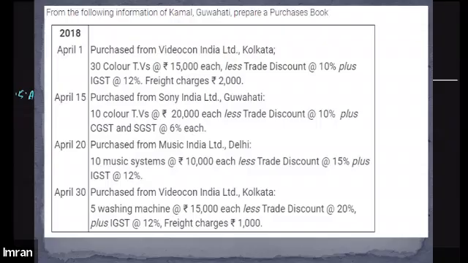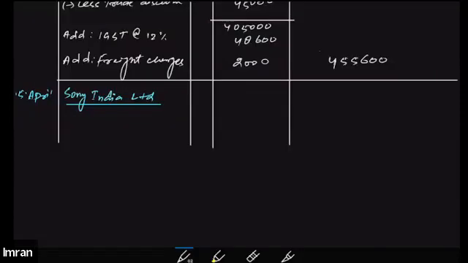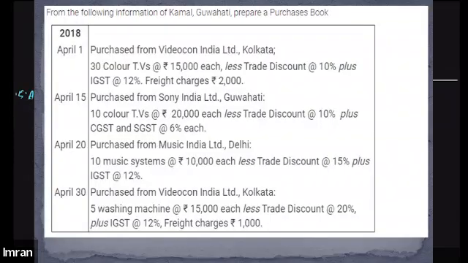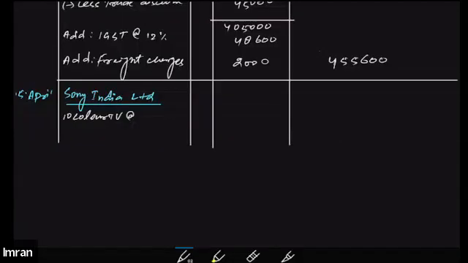From Sony India, 10 color TV at the rate of 20,000 each, less trade discount at the rate 10%, plus CGST and SGST was purchased. 10 color TV at the rate of 20,000 each. That means total value of TV purchases 2 lakh.